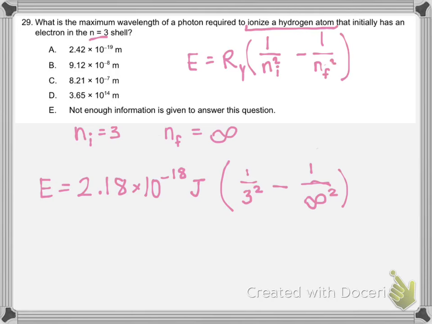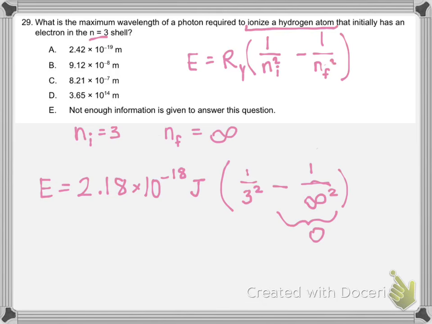Okay. And so if you divide by a really, really big number, you get smaller and smaller values until it seems insignificant. And so what we're going to do is say that this is just 0. And that makes solving for the energy a lot easier.